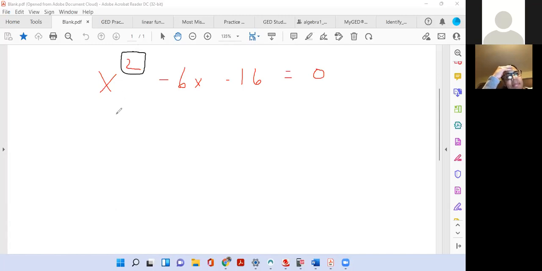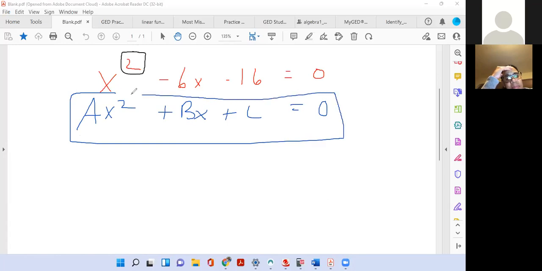The second thing you must realize is you must know the standard form of a quadratic equation. That's the standard form of a quadratic equation. By knowing the standard form, you then can identify A, B, and C. So in this example, what is my A equal to?